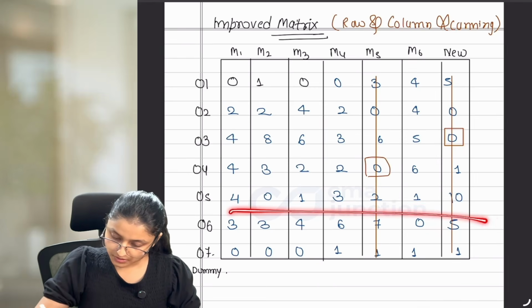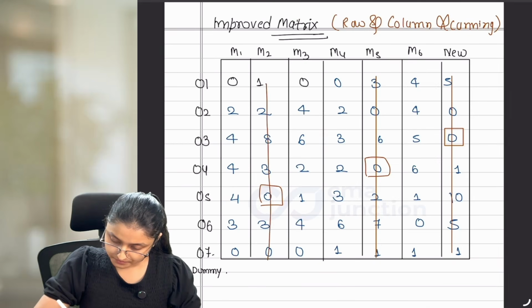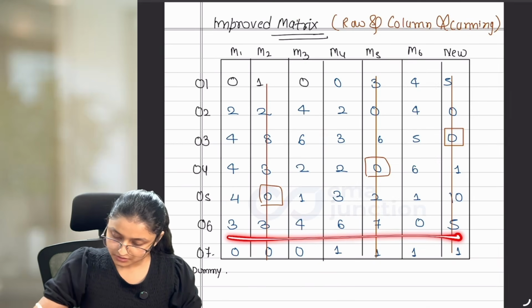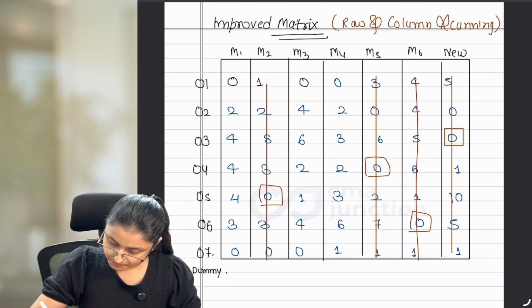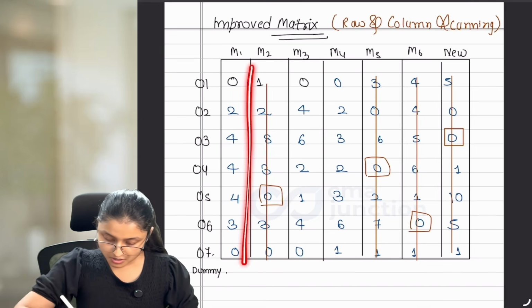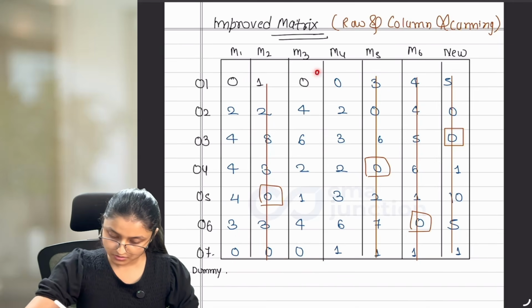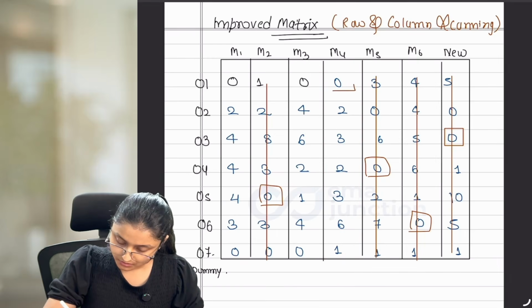Next, 1 zero, mark and cut the column. Next, 1 zero, mark and cut the column. Then here we have 2 zeros, skip. Here we have 2 zeros, skip, 2 zeros, skip, 1 zero, mark and cut the row.